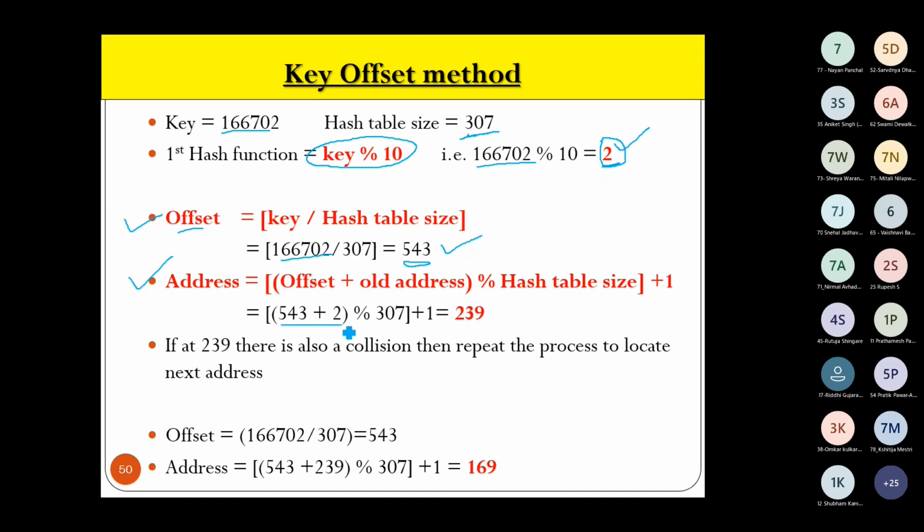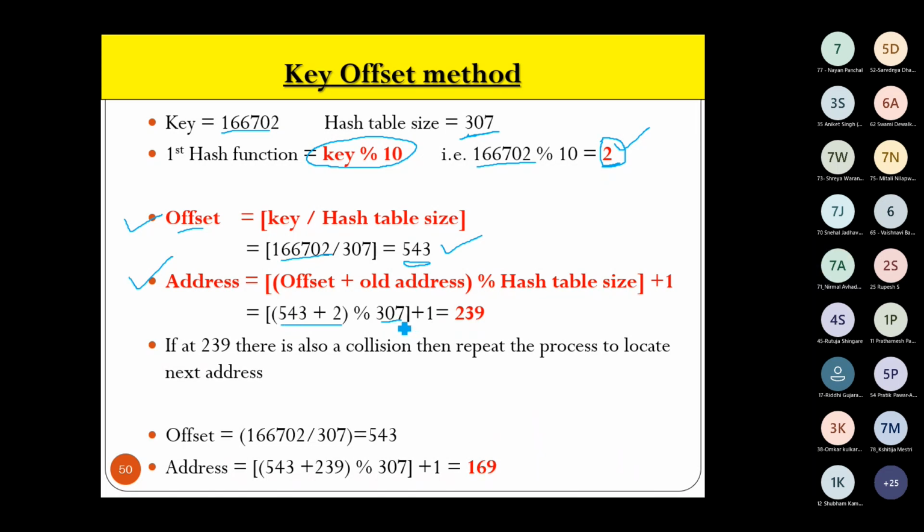So we have got 545 mod size of the table. What is the size of the table? 307. So it will be equal to... is it correct? Yes, ma'am.